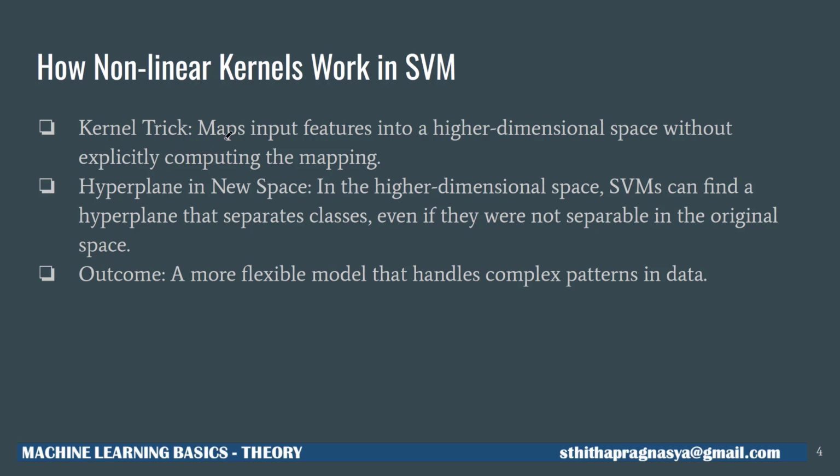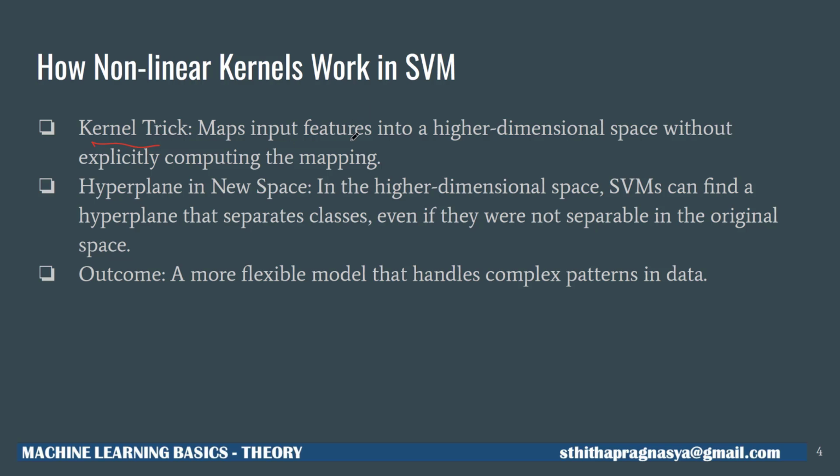So if you are interested to see how non-linear kernels work in SVM, this is how it does it. When you use a non-linear kernel, the SVM algorithm implicitly maps the input features into a high dimensional space without having to compute this mapping explicitly. How does it do it? Using something called the kernel trick. In the new space, it becomes easier for the SVM to find a hyperplane that separates the different classes, even if they were not separable in the original input space.